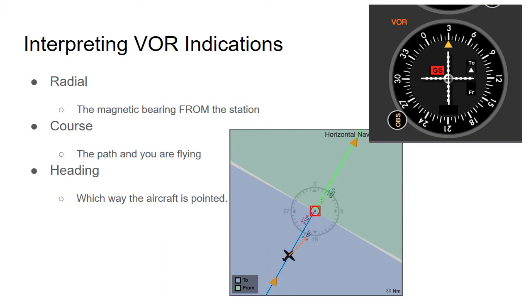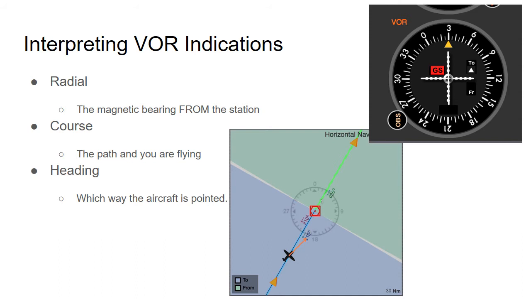It is very important to keep 3 terms clear and separate in your mind: radial, course, and heading. The radial is defined by the direction from a station. There is no such thing as a to radial. They are always from. The aircraft shown here is tracking the 210 radial.